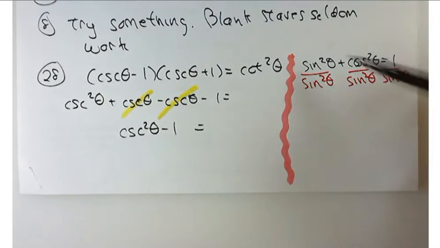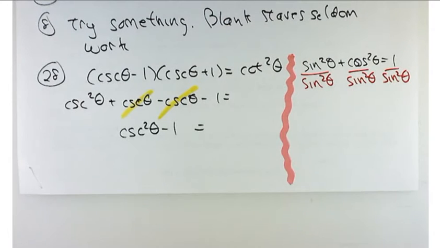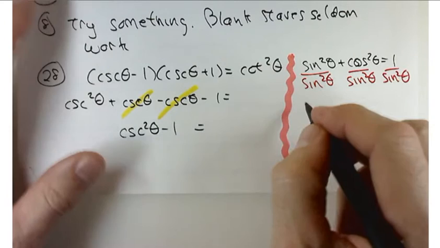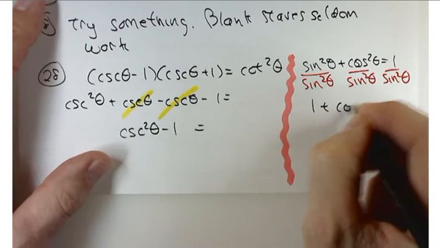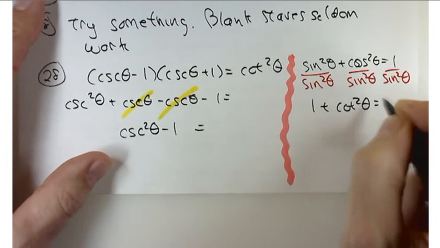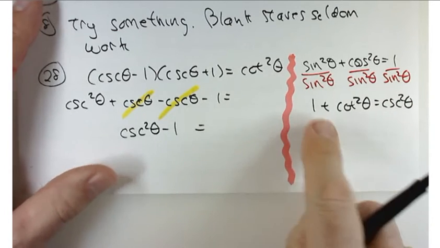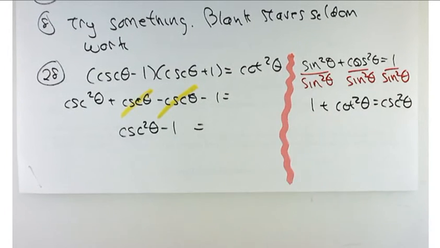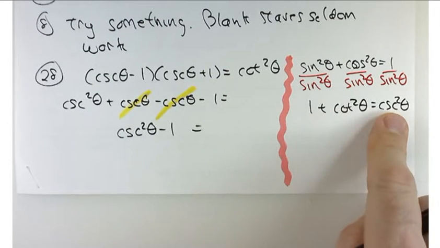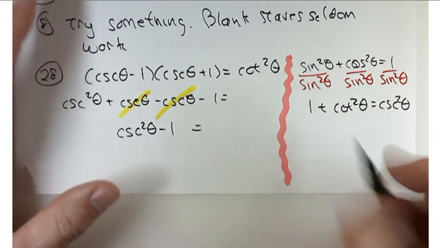How is this going to simplify? Sure. All right, thank you. And if I move the 1 to the right-hand side, what does this identity become?